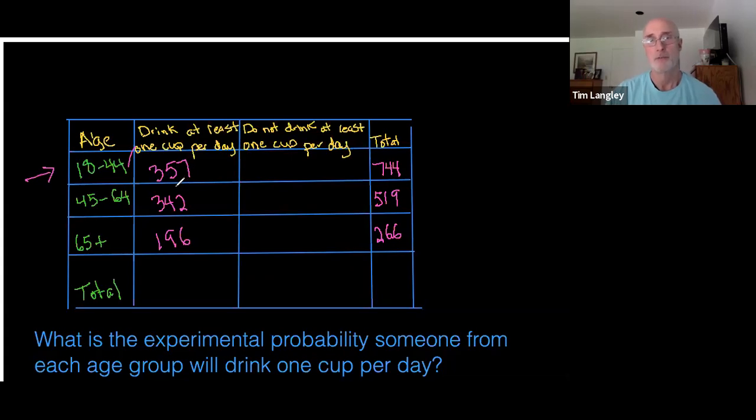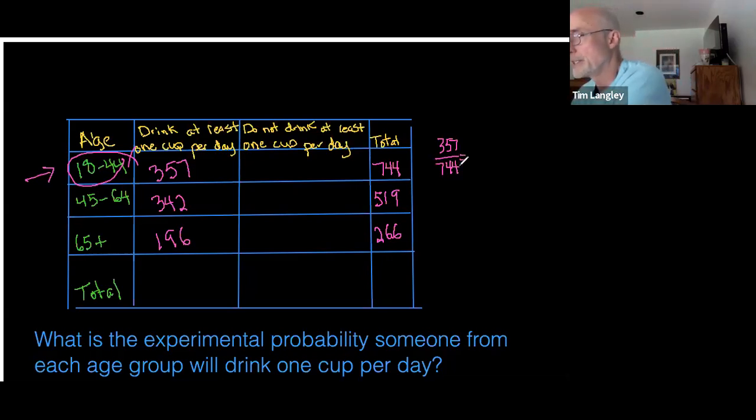Well, if 357 of them in this first age group did, if I do the formula that I showed you, 357, and I make it a fraction, I divide it by the total that they asked, which is 744, okay? I'm going to do some math here, and I'm probably going to get a decimal, and you can punch that into your calculator, but it would be something like this, 0.4798, okay?